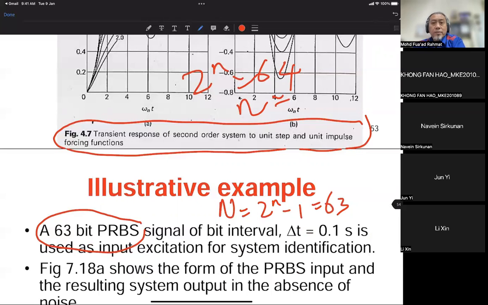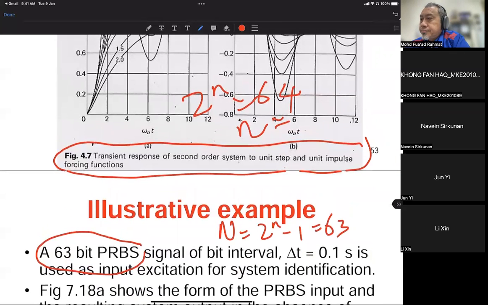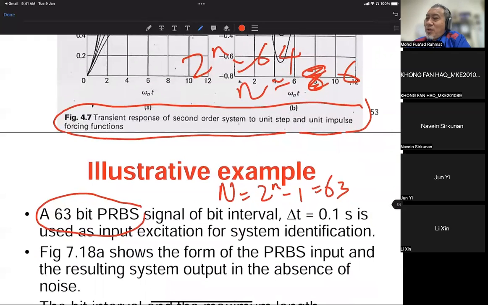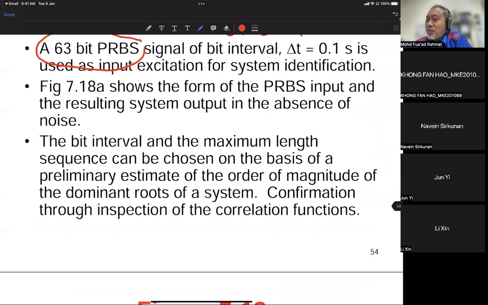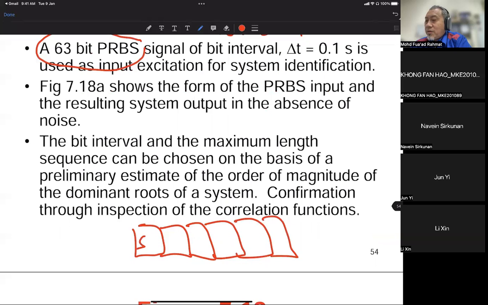Somebody? 8? 6. Oh, sorry, 6. So that means we need how many shift registers in this case? We need 1, 2, 3, 4, 5, 6 shift registers.